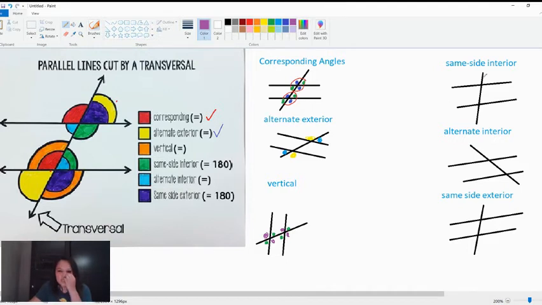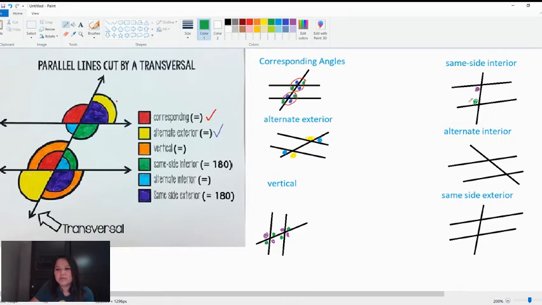Now, same side interior. Same side interior are not congruent, so be careful with that. So let's go ahead and identify what the same side interior looks like. Same side, meaning it's on the same side of the transversal. So let's take a look at the left side of the transversal, and it's interior, meaning it's inside. So it's saying this is the same side interior angles, saying that it's on the same side of the transversal and is inside, which is interior.